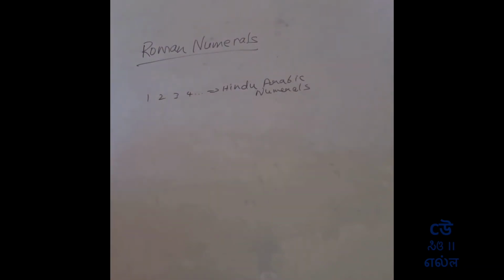This is not the only system available. We have one more system for writing numerals, that is Roman numerals. The system is still used in many places like America. Even in India we use some. For example, you might have seen the clock.